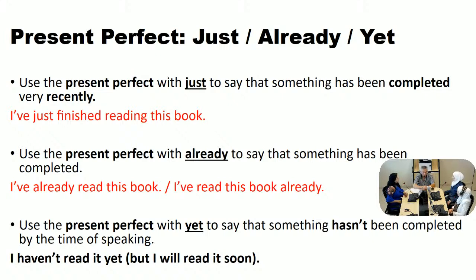Just always comes after have. The third point is we use the present perfect with yet to say that something hasn't been completed by the time of speaking. So we use it with the negative form. I haven't read it yet, but I will read it soon. Actually, it is used with the negative and with questions.